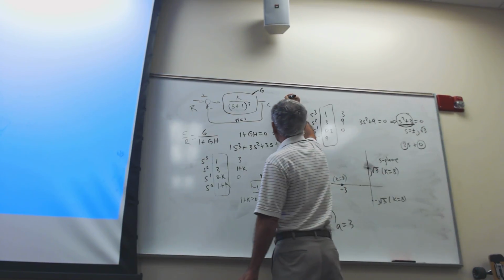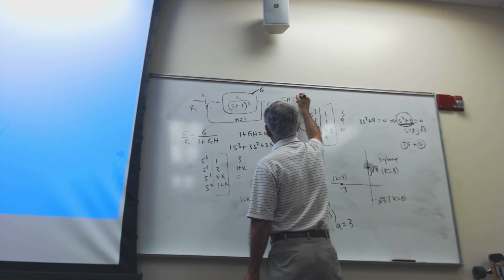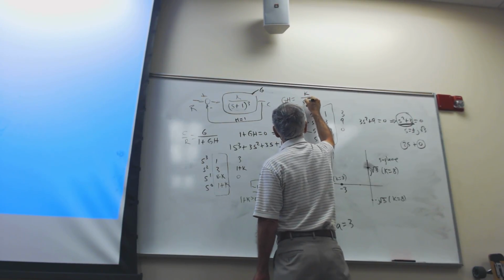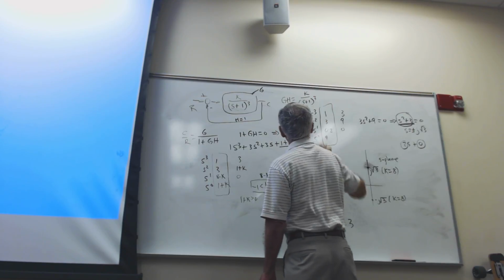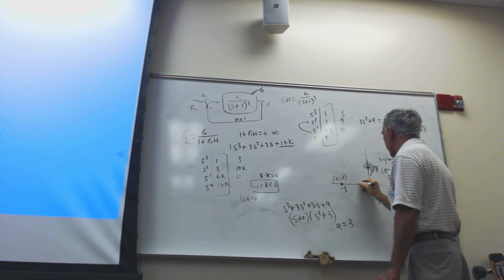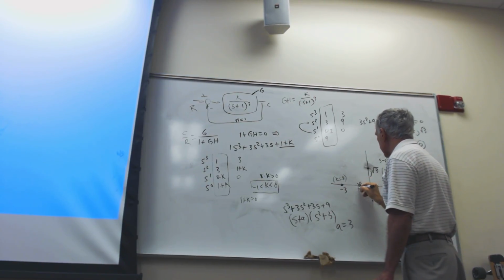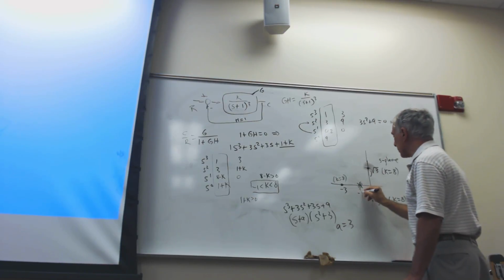That's where the 3 open loop transfer function poles are. Remember, the open loop transfer function is GH, and that's just equal to k over s plus 1 cubed, right? So there are 3 poles there: 1, 2, 3, at -1.